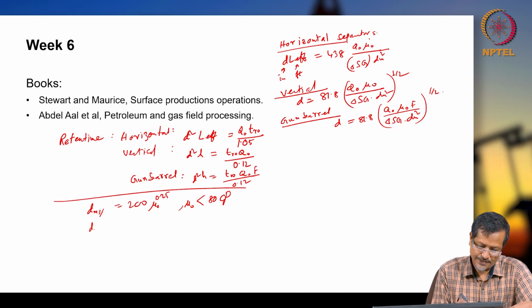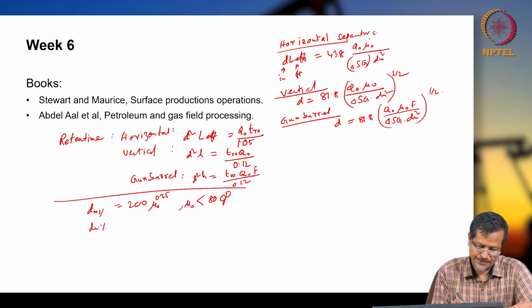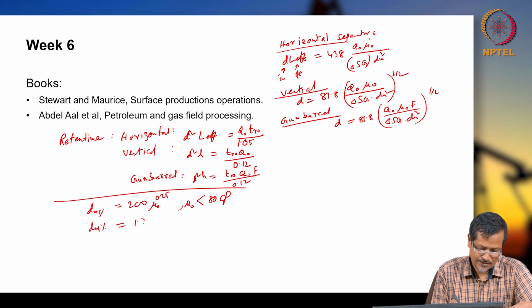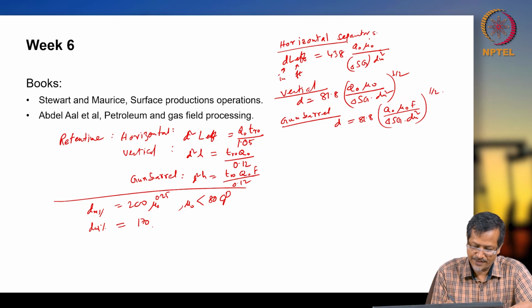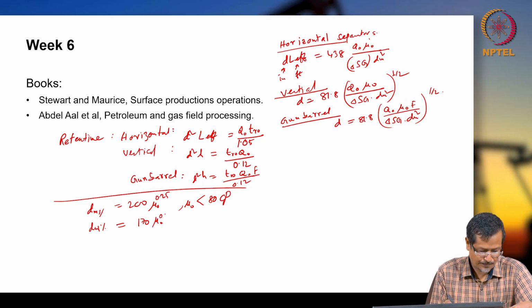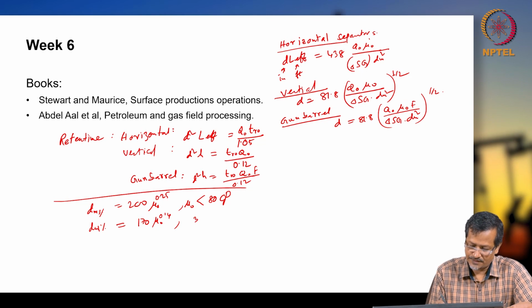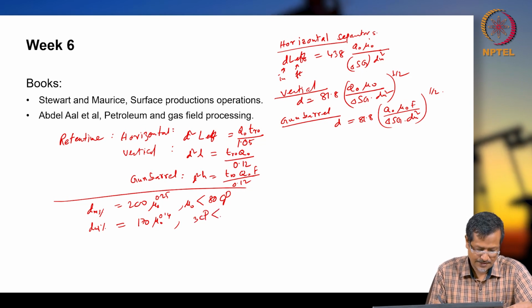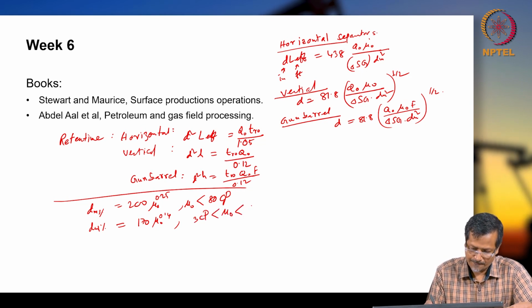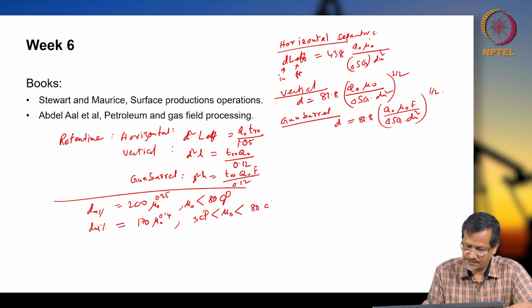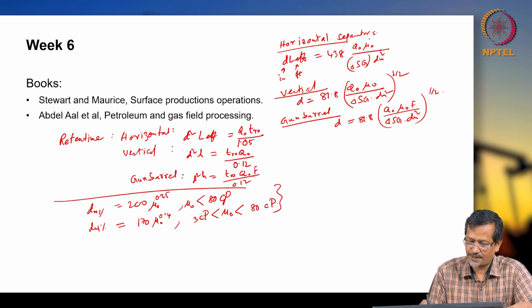And d_m 1% equals 170, not 1.75, 170 mu_O power 0.4, and this criterion is 3 cP to 80 cP. This is the criterion you have to fulfill.